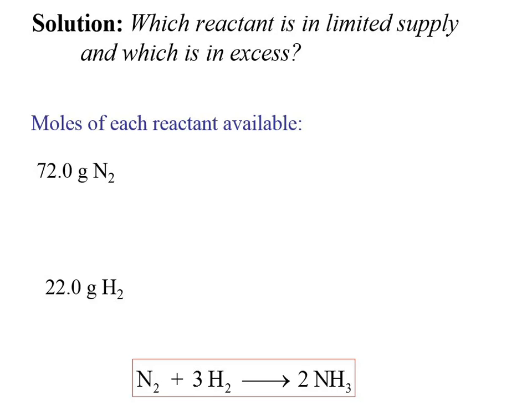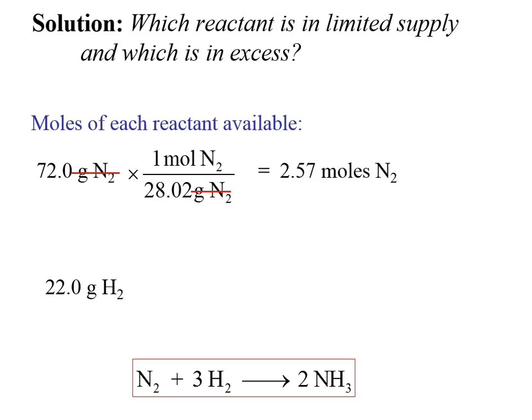So what I would do is come up with the moles I have of my two reactants. I take the mass of N2, 72.0 grams over 1, and use the molar mass of N2, 1 mole N2 over 28.02 grams N2. My grams of N2 cancel, and rounded to 3 significant figures, I have 2.57 moles of N2. Okay, this is what I have.